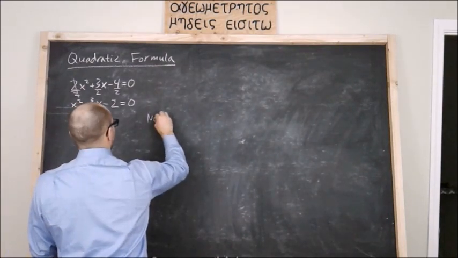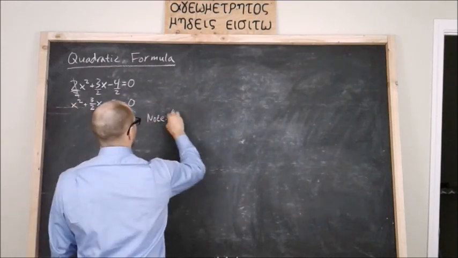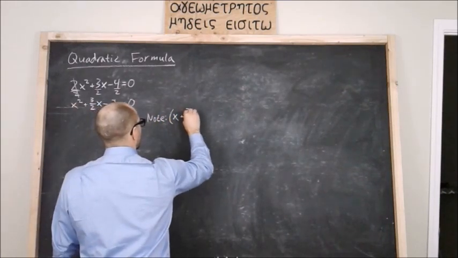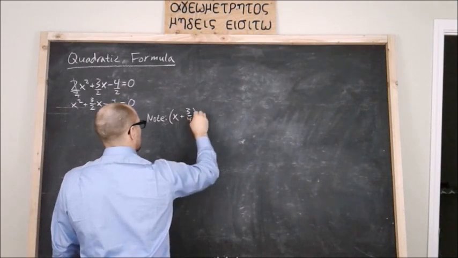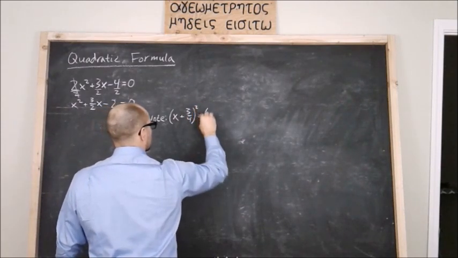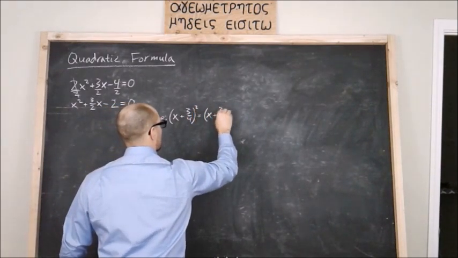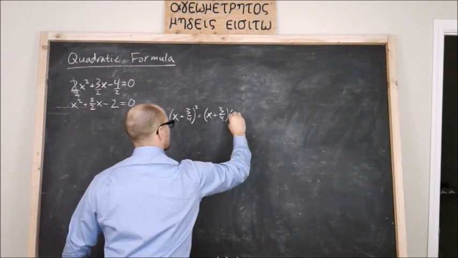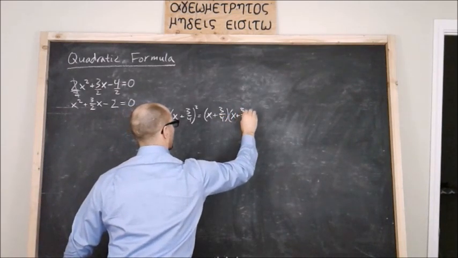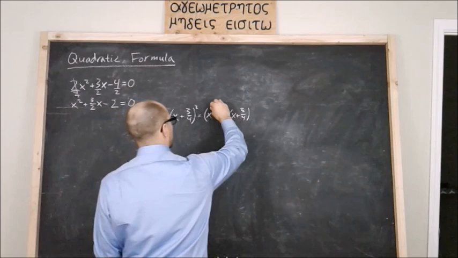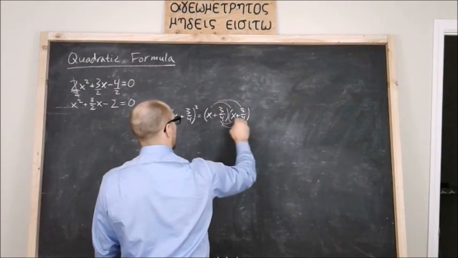As a little side note, we have x plus 3 over 4, squared. That's going to be x plus 3 over 4 times x plus 3 over 4. And then we FOIL it. First, outer, inner, last.